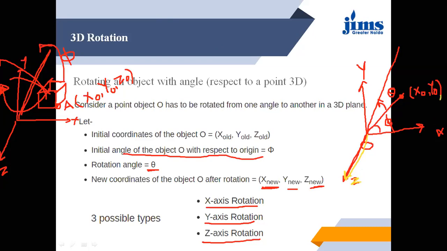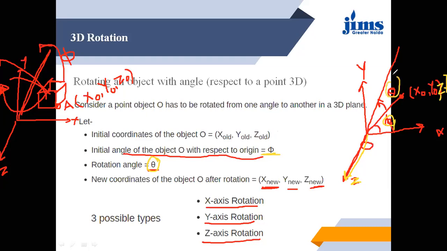Instead of just x and y, there will be z old also. Now, this is the same case that earlier it was at angle phi, and we are rotating this 3D object with an angle theta.